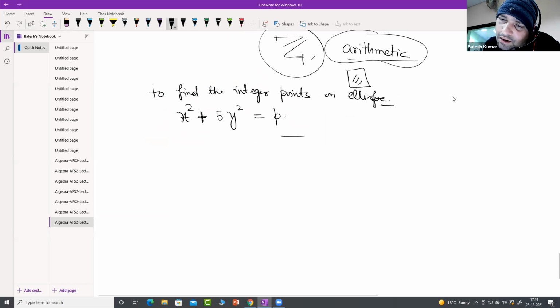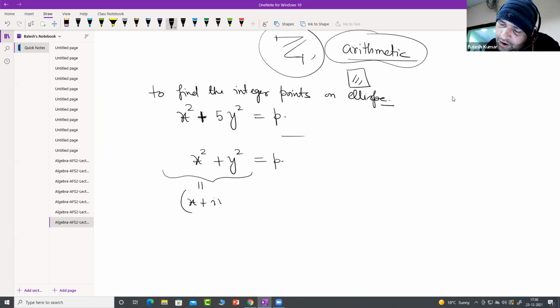Or if you would like to find the integer points on the circle of radius square root of p, x square plus y square is equal to p, then you can factorize the left hand side and write it as (x plus iy)(x minus iy) is equal to p.